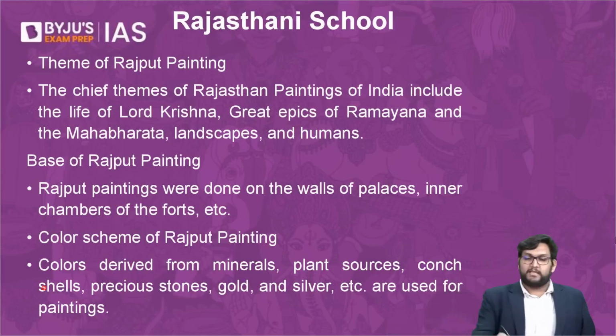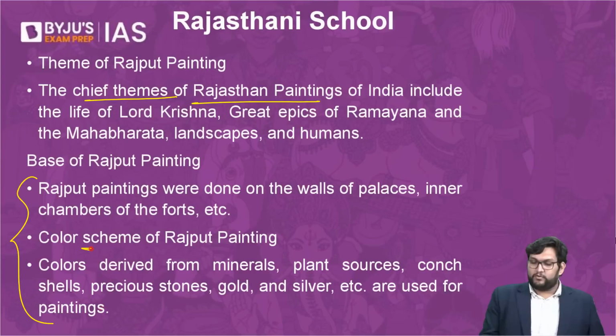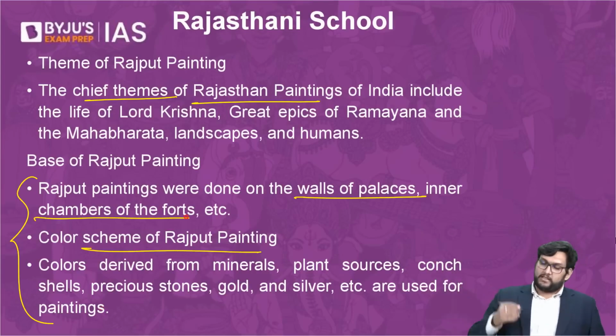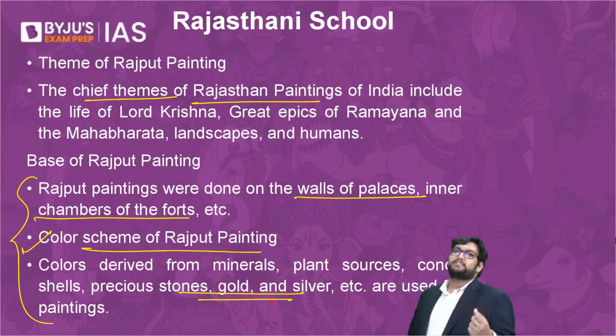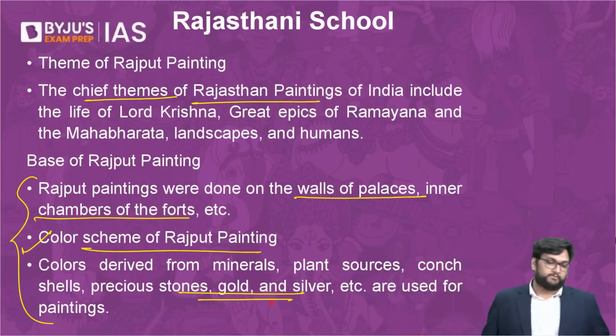So the chief theme of Rajasthani paintings is now Ramayana, Mahabharata, and they have no issues of not making it in big places, so they will make it on palace walls, inner chambers. The color scheme of Rajput paintings will also now come out, and they will use as much precious stones and precious metal as possible, because they were prosperous, if not the Mughals.